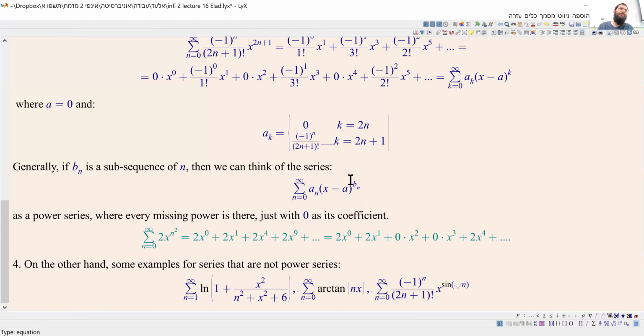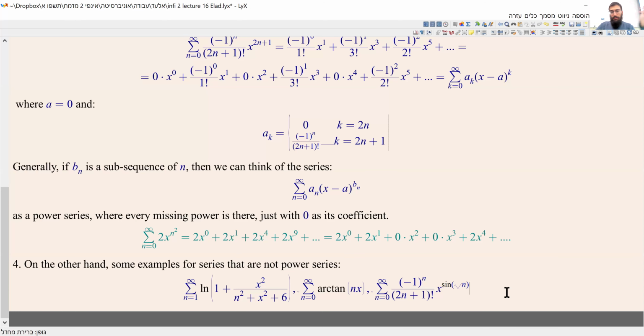A subsequence is a subset that actually behaves like a sequence, I mean, it is increasing. But square root of n is not a natural number, so it is not a power series. Those are examples of functions that are not power series by our definition.